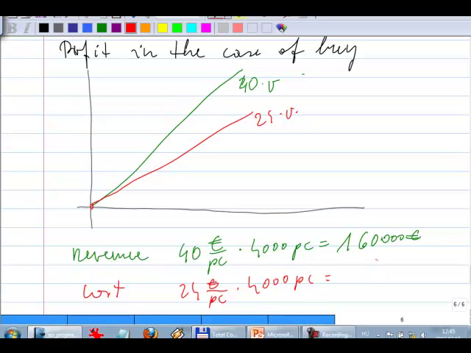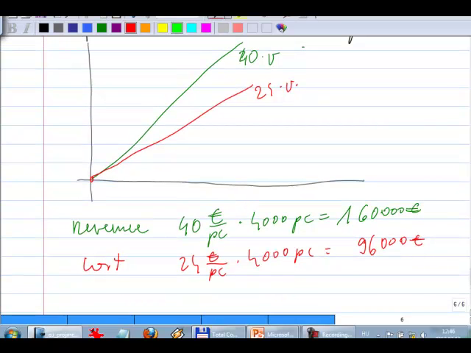How much is that? 96,000 euro. How much will be the profit? Profit will be 160 minus that, that would be 64,000 euro.